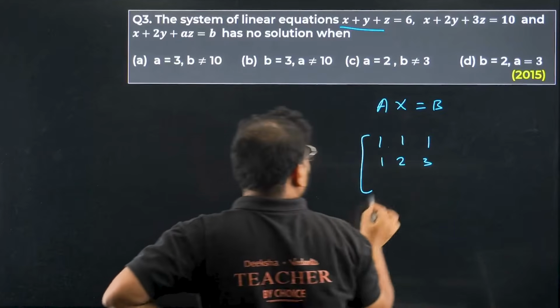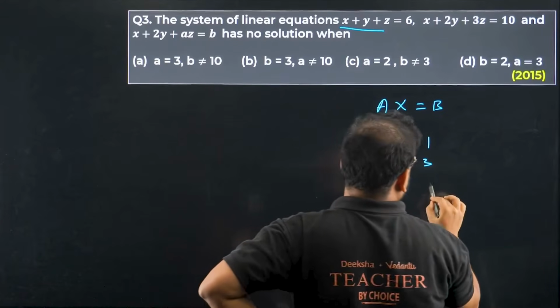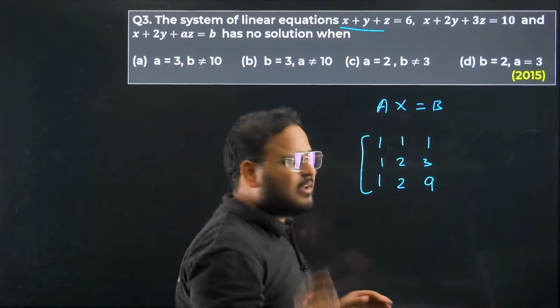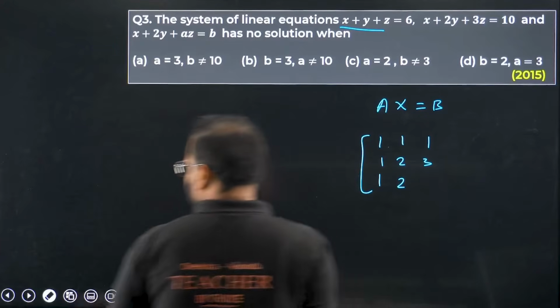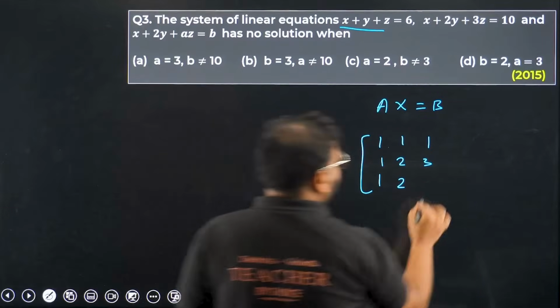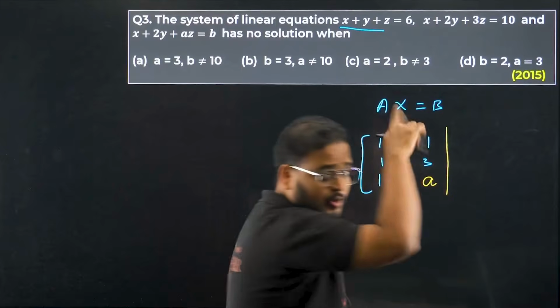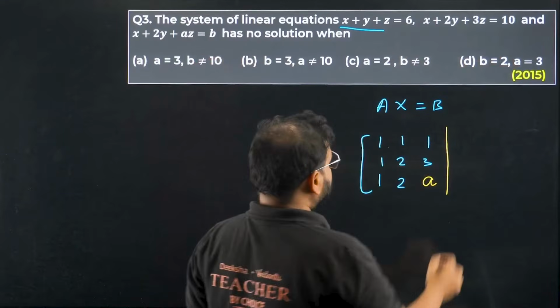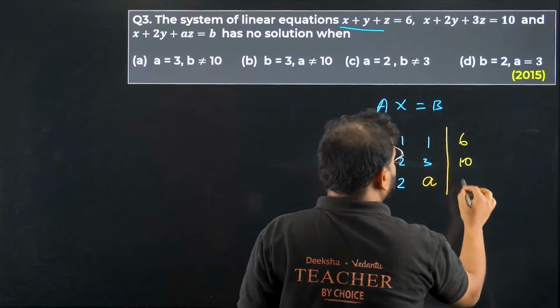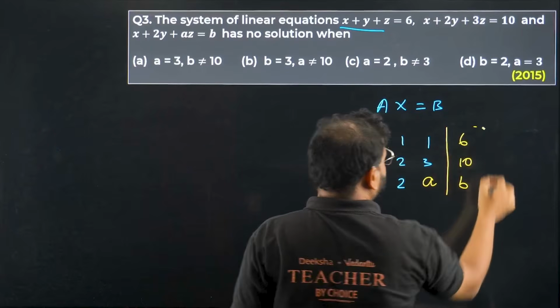And third row 1, 2 and A. We will not write the variable matrix X, Y, Z. Rather, I'll write a constant matrix. Constants are 6, 10 and B. Okay, that's complete.